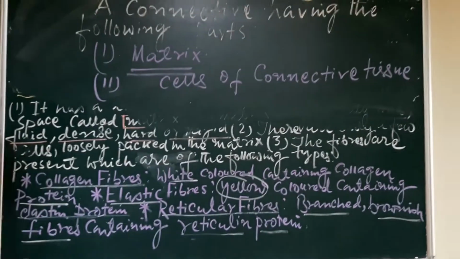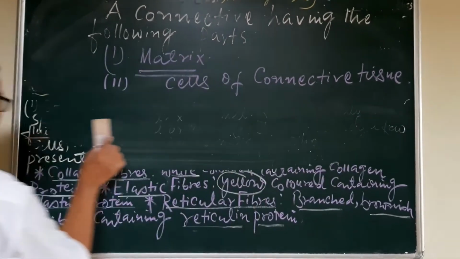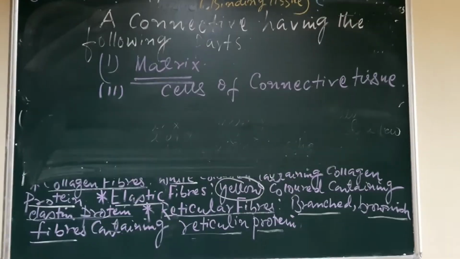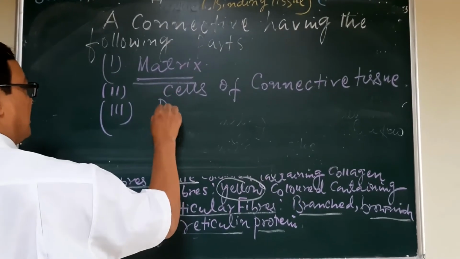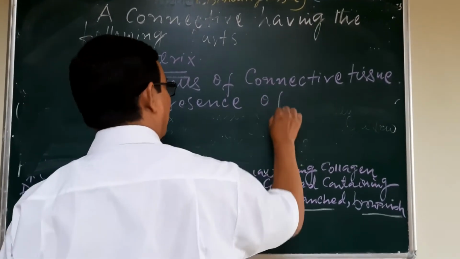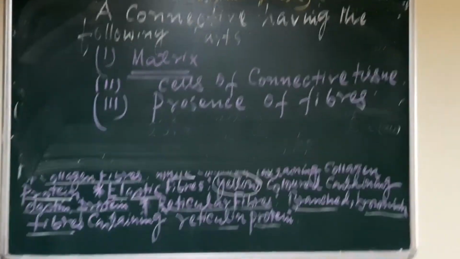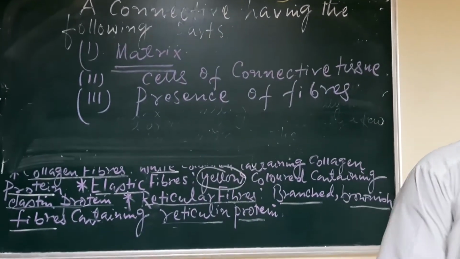And the third, as we have just seen, the presence of fibers. So these are some facts about the structure or characteristic features of the connective tissue.